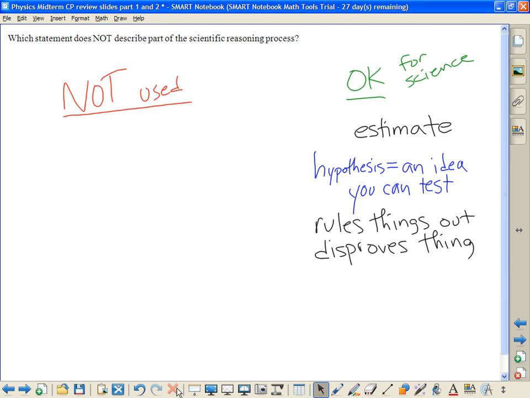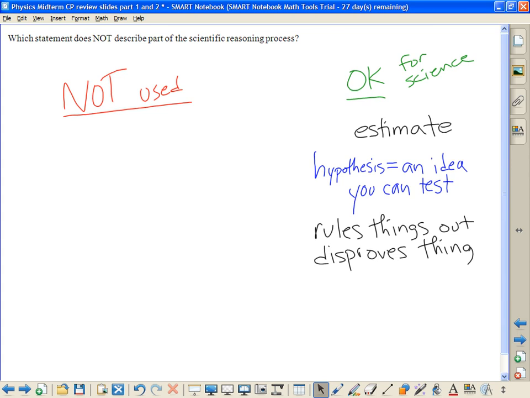Believe that the flying spaghetti monster exists. If the hypothesis of the flying spaghetti monster cannot be tested, the scientist won't say that's not true. The scientist will say, I can't tell you anything about that. If it cannot be tested, it is not a hypothesis.